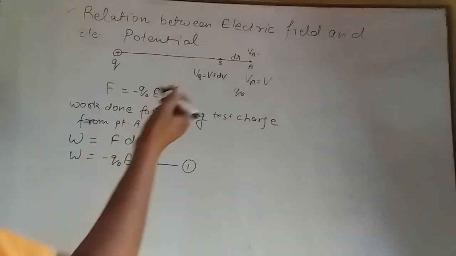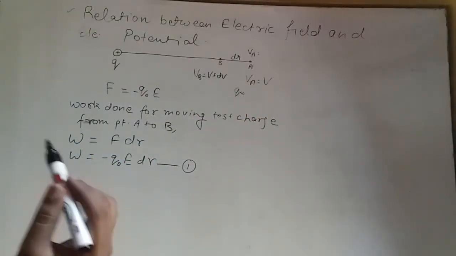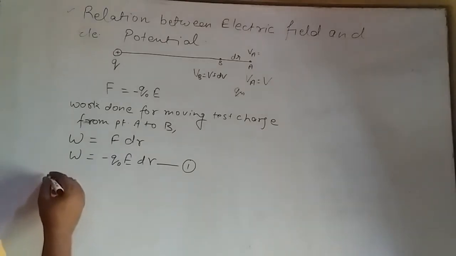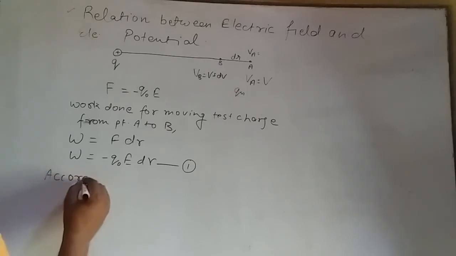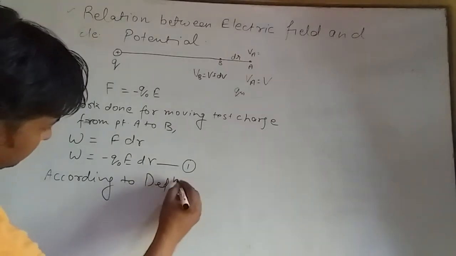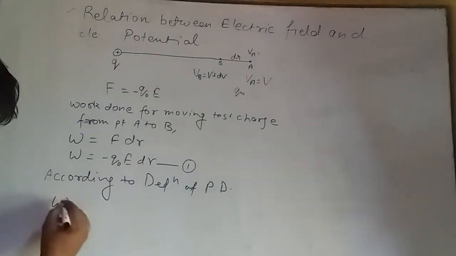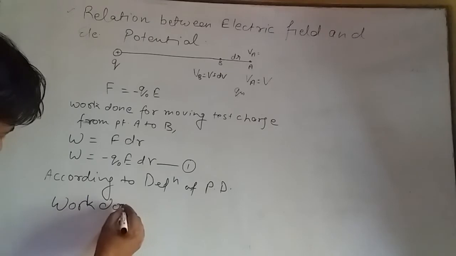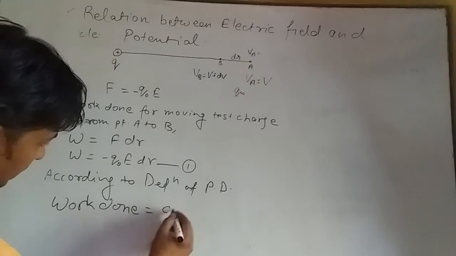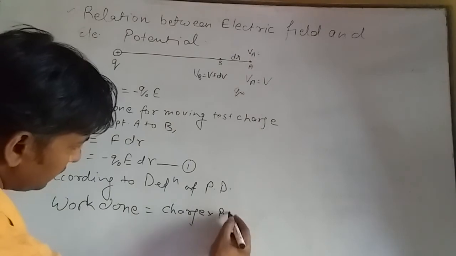Now when we move the test charge from point A to point B, then according to the definition of potential difference, the work done equal to charge multiply potential difference.